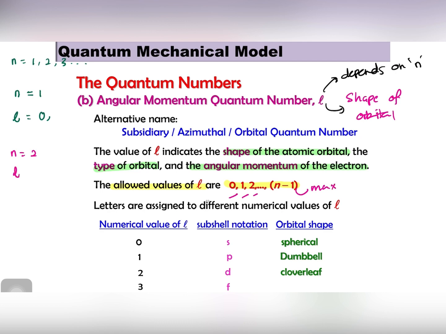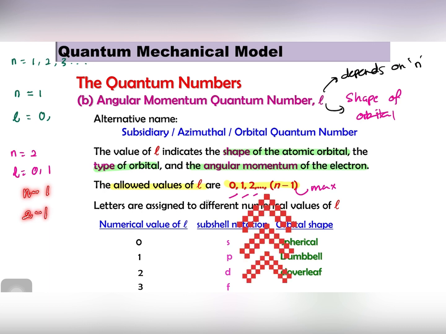So this is its maximum. The value of L depends on the value of n. So L, the angular momentum quantum number, starts from 0, 1. Looking back, n minus 1, so 2 minus 1 equals 1.